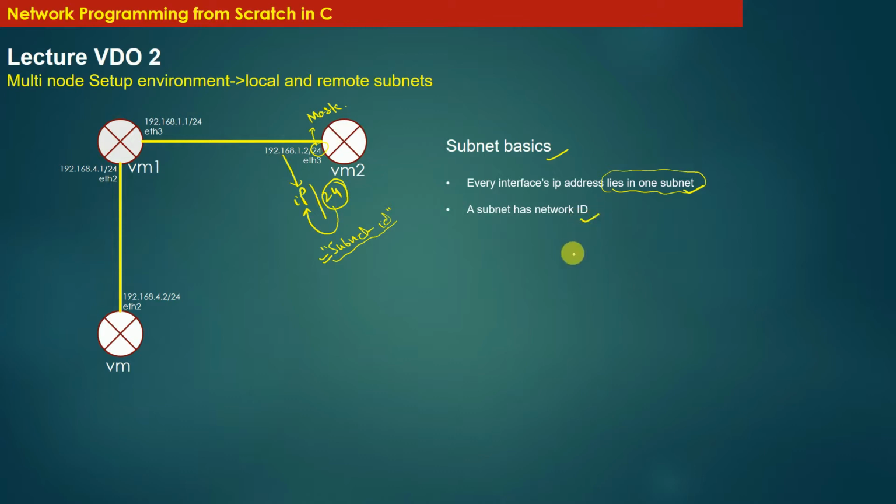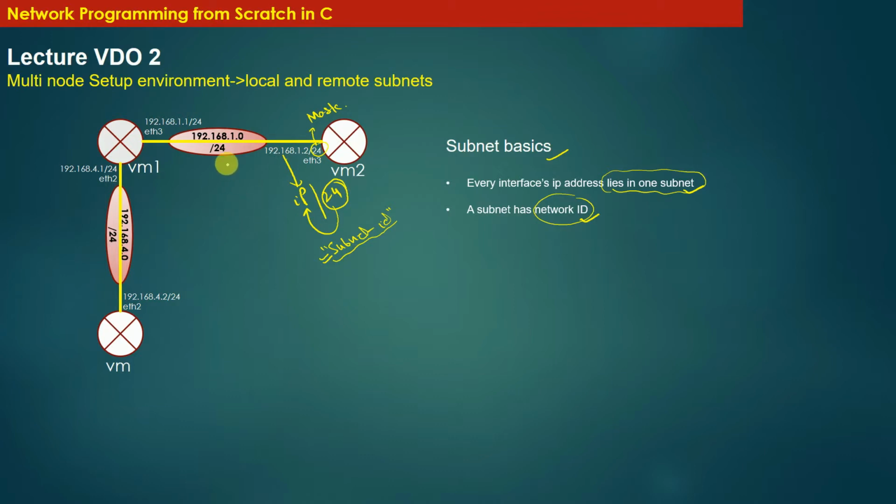Every subnet has an ID and we call that the subnet ID or network ID. You can see that in our topology there are two subnets. Why are there two subnets?